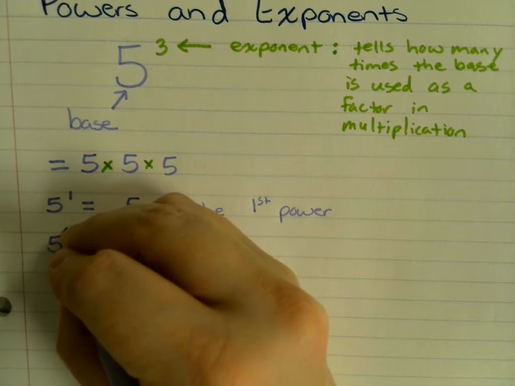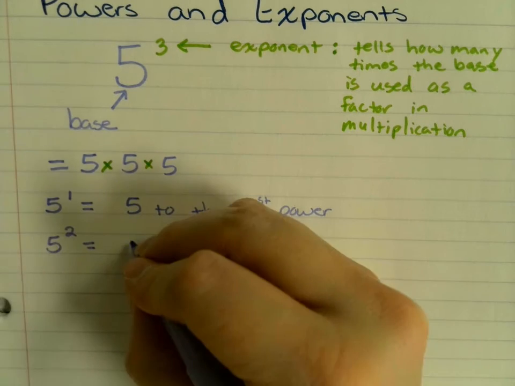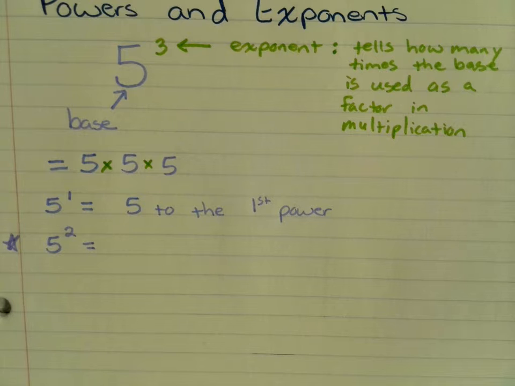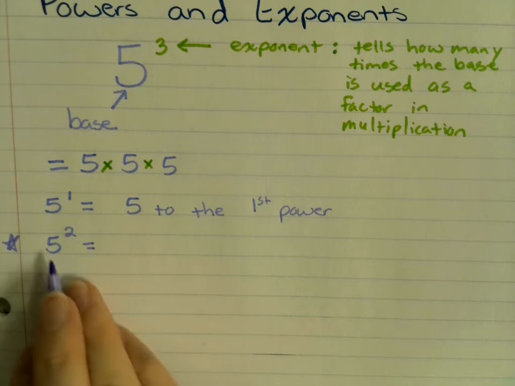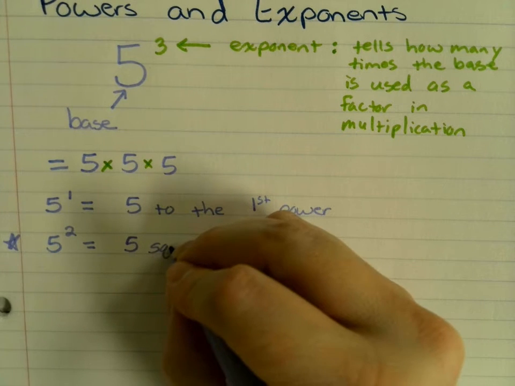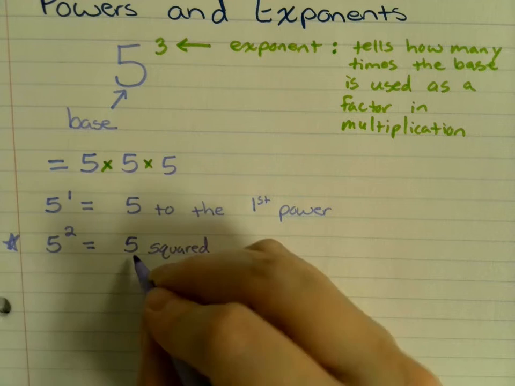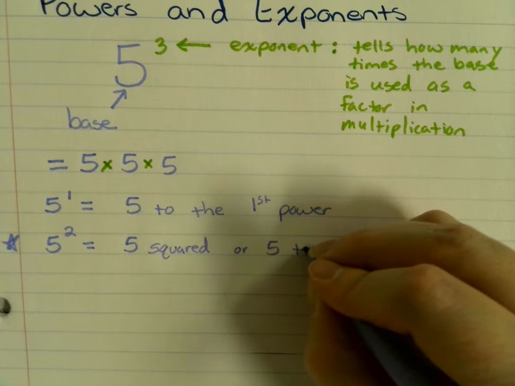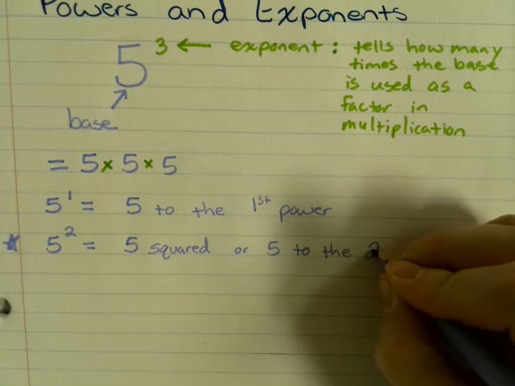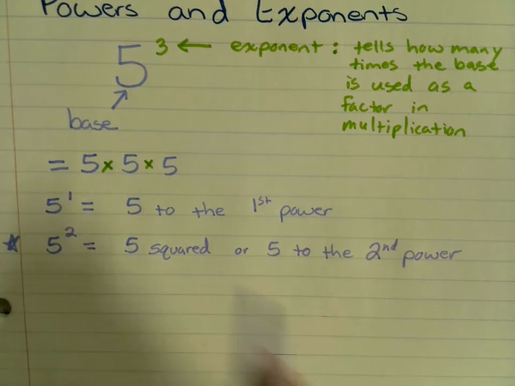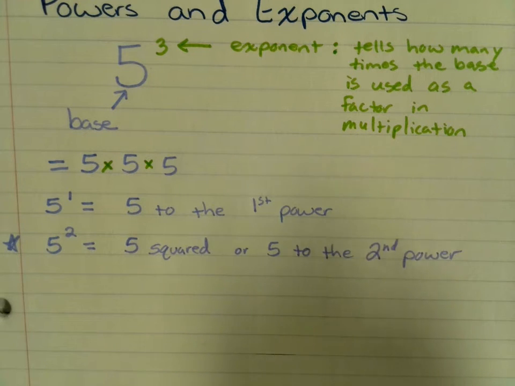If the exponent is a 2, there are 2 different ways that you can actually say it, so I'm going to put a star next to it. You could say 5 squared, which is the more common one, or 5 to the second power. 5 squared, again, is the more common lingo for it.